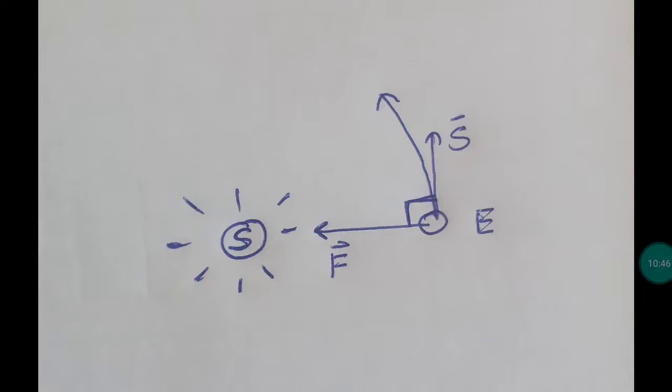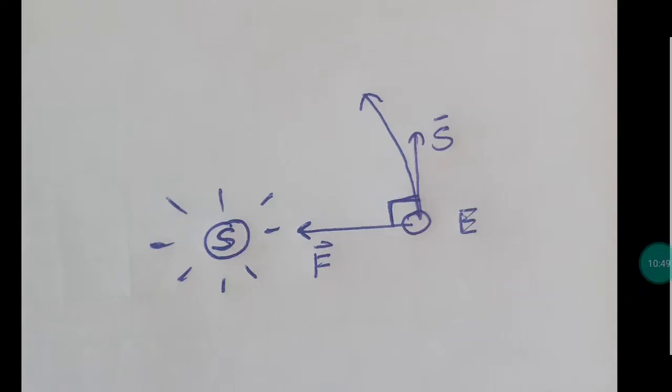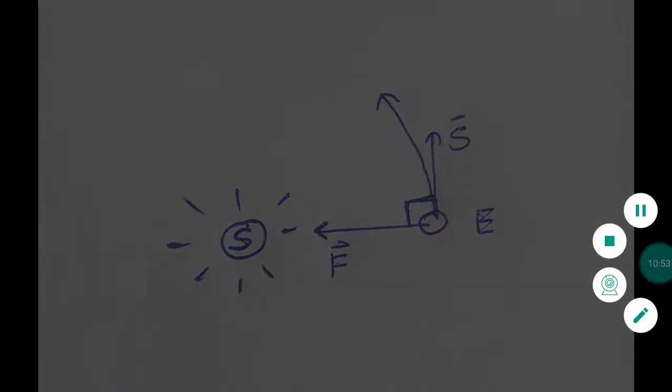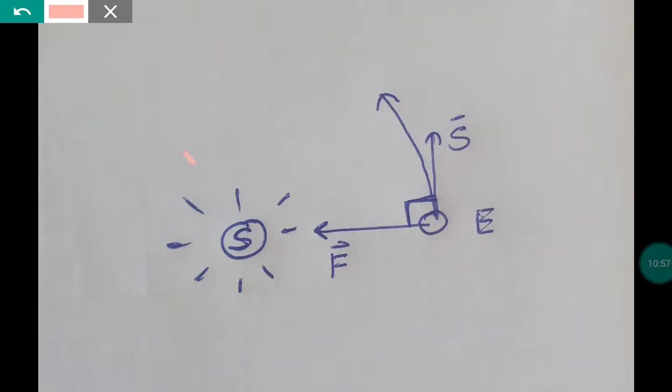Now coming to the last example, this is the Sun, the center of our solar system, and this is Earth. You know which force pulls the Earth towards the Sun? It is the centripetal force. Which force plays the role of centripetal force over here? It is the gravitational force between the Earth and the Sun.